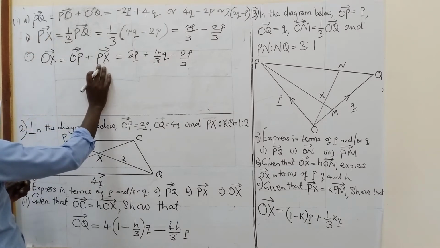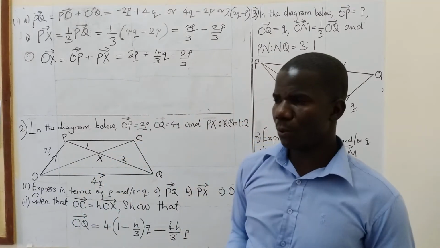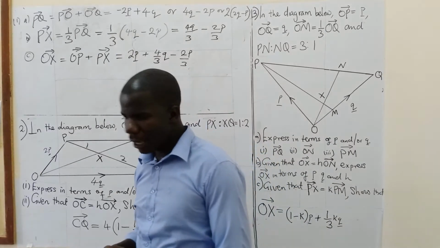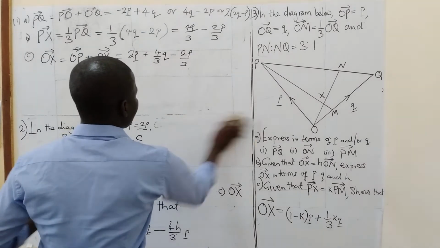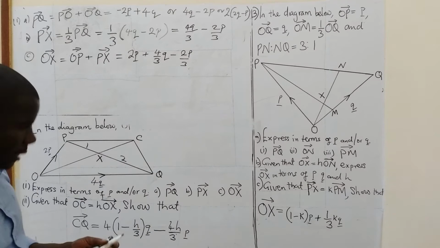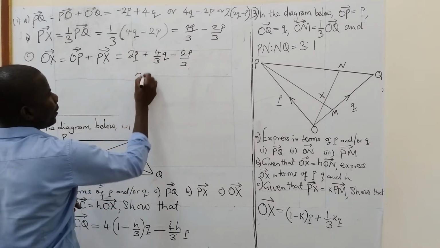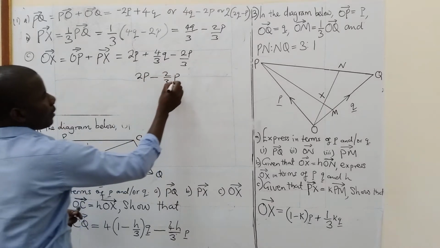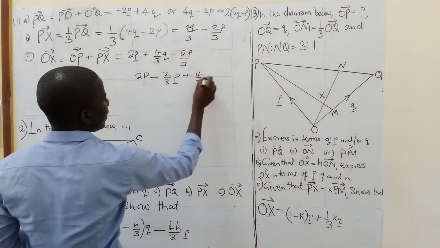We need to continue to simplify and break this down. Let me wrap what I have here. So we put the like terms together: 2P minus 2 over 3 P, then plus 4 over 3.